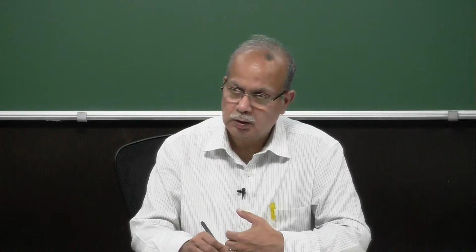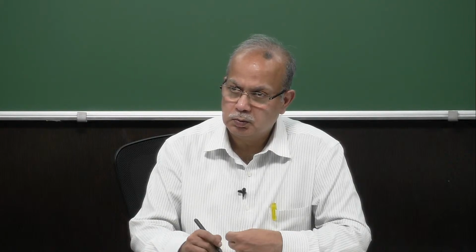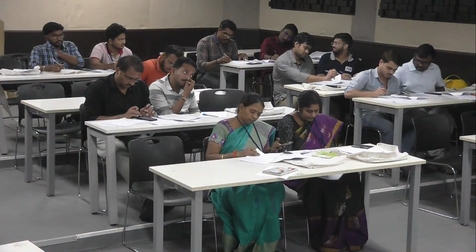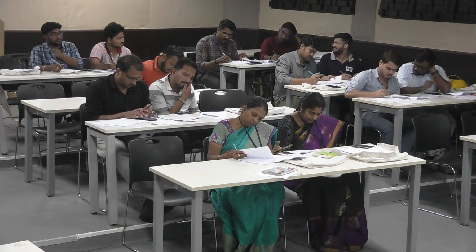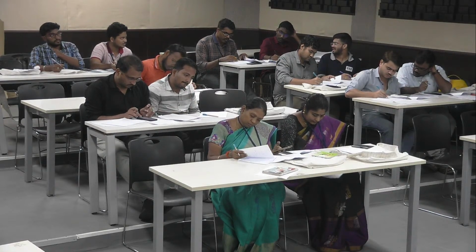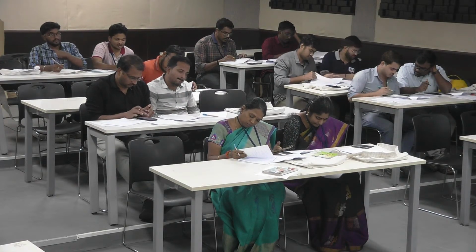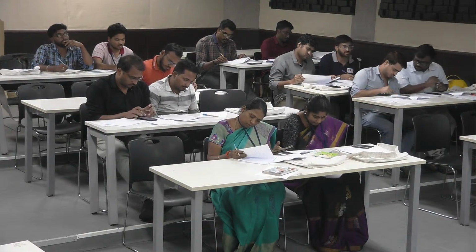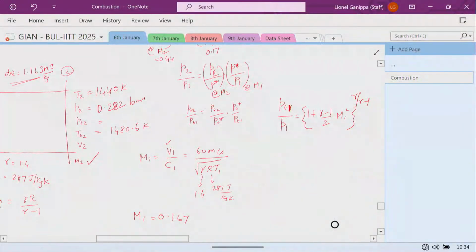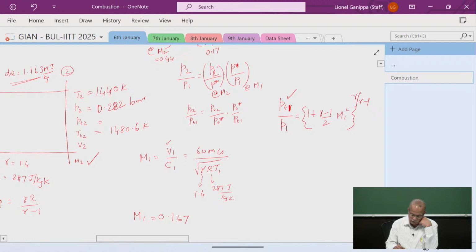P2 is given already, calculated 0.282. So PT1 by P1 is equal to 1 plus gamma minus 1 by 2 M1 square. From this you can find PT1, and then you can find this PT2 by PT1 is equal to PT2 by PT star and PT star by PT1.